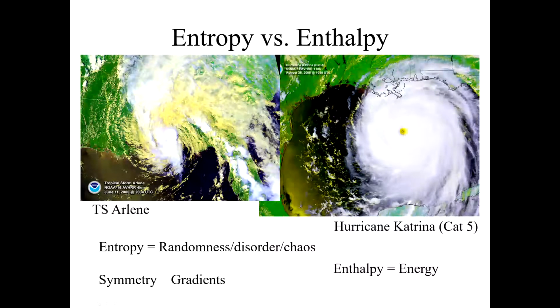So how do you know which one has more entropy and which one has more enthalpy? Because you know a little bit about hurricanes and tropical storms, you know that Hurricane Katrina over here has higher wind speeds. It's got a lot more rain falling. It's got a lot going on, whereas Tropical Storm Arlene probably has lower wind speeds.